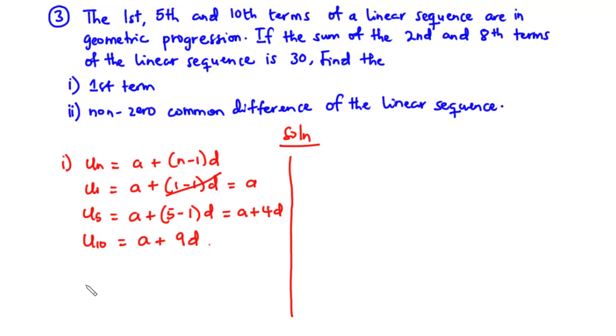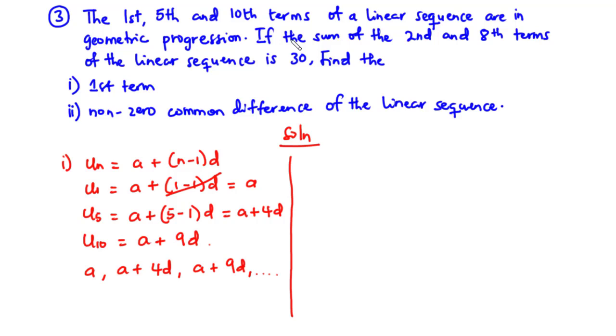So let's write down the sequence. So it means that we have A, which is the first term in the geometric progression. We have U5, which is supposed to be the second term in the geometric progression, but the fifth term in the linear sequence. So that is A plus 4d. And also we have the 10th term of the linear sequence, that is A plus 9d, which happens to be the third term in the geometric progression.